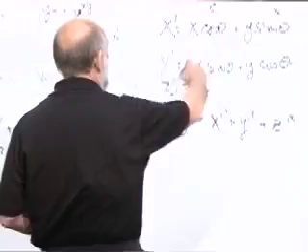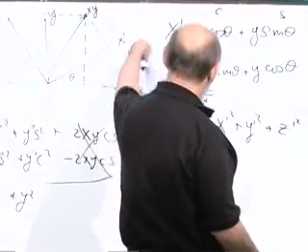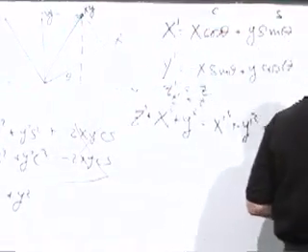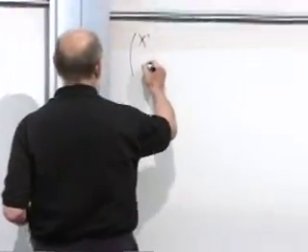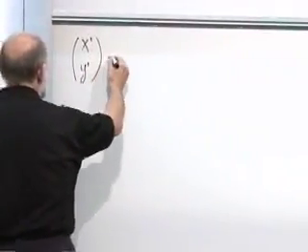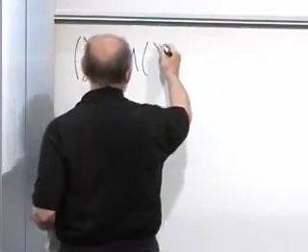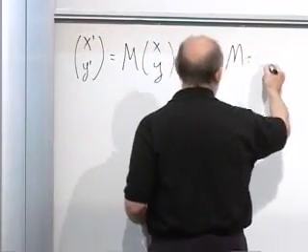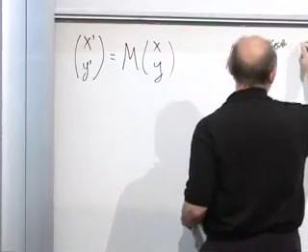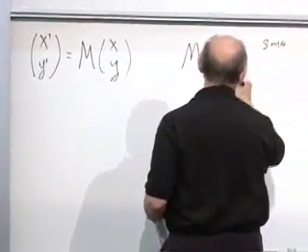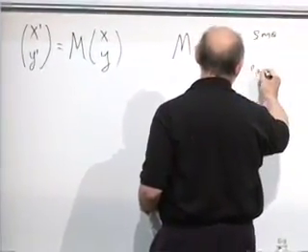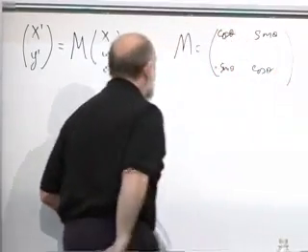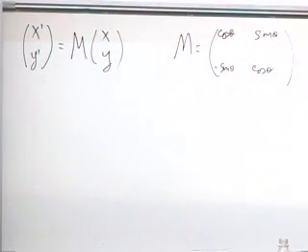That's excellent. All right, now there are 2 ways that we could write these equations like this. Let's just take this one here. We could write it in a matrix form. X prime y prime is equal to some matrix times xy. The matrix would in fact just be cosine theta, sine theta, minus sine theta, cosine theta. We could also write it in another form.